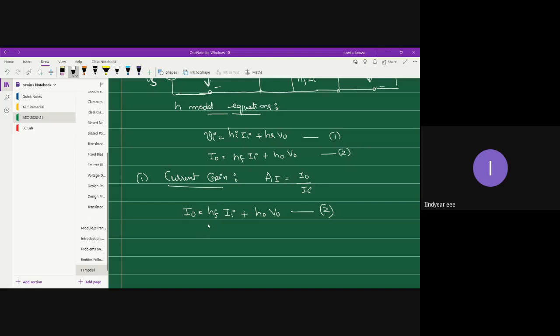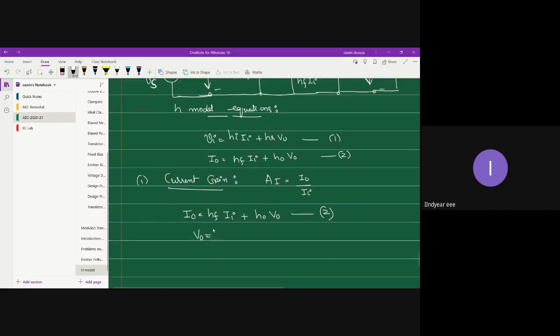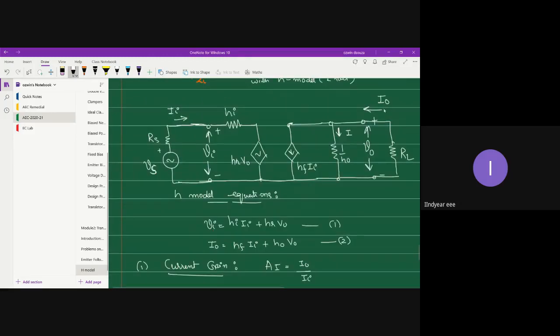Now, in equation 2, we can write an expression for V naught. What is V naught? V naught is the voltage across RL. So can I say V naught is I naught into RL? But if you look at the I naught direction, I naught is flowing from bottom to top. So it gives voltage in a flipped manner.